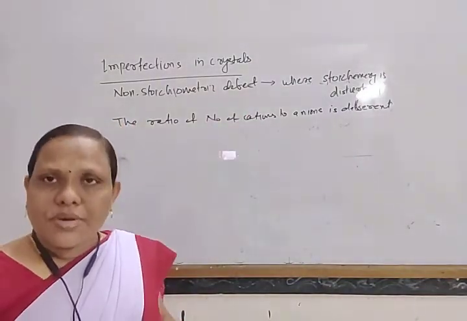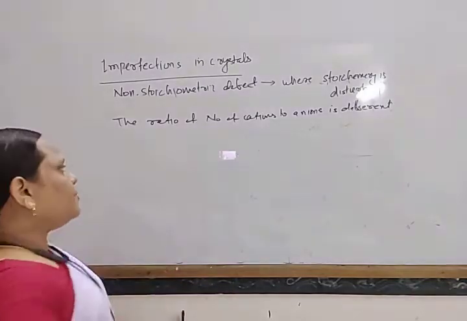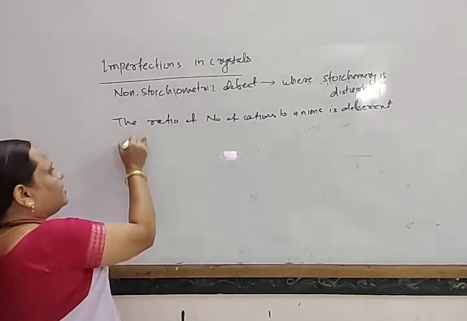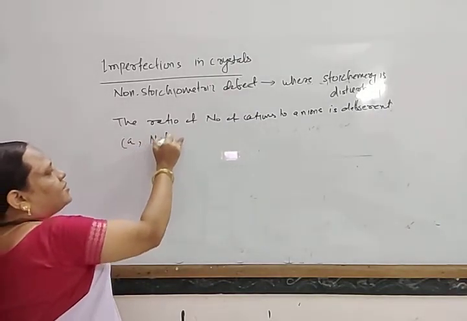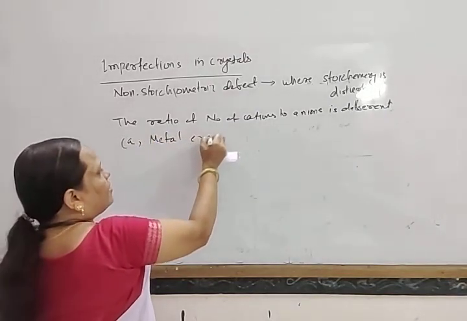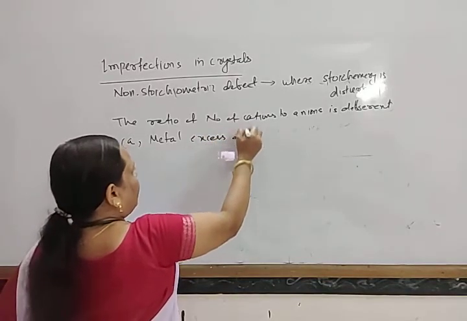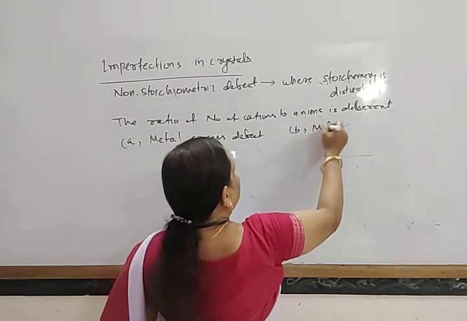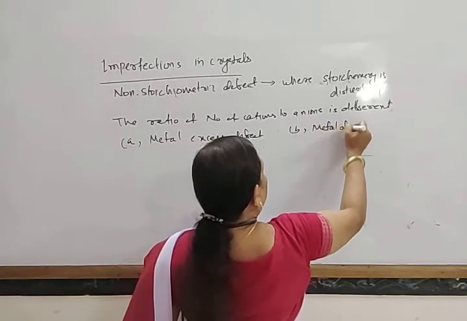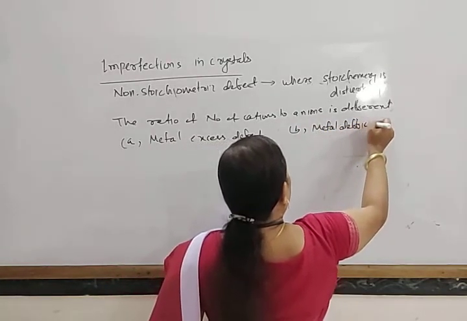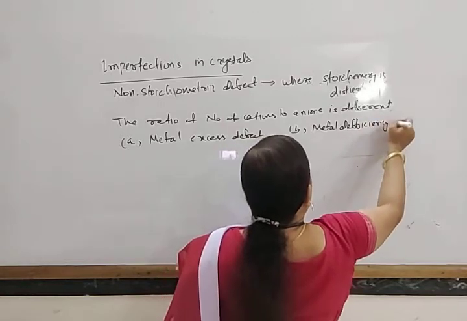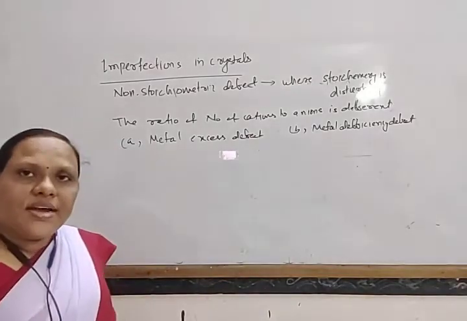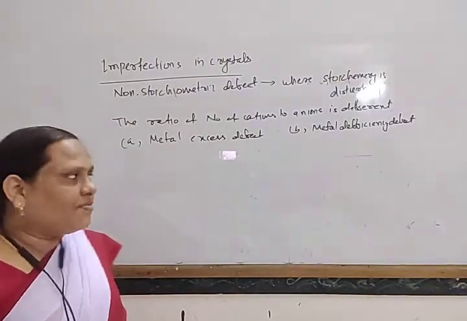There are two types of non-stoichiometric defect. One is metal excess defect, and another is metal deficiency defect.